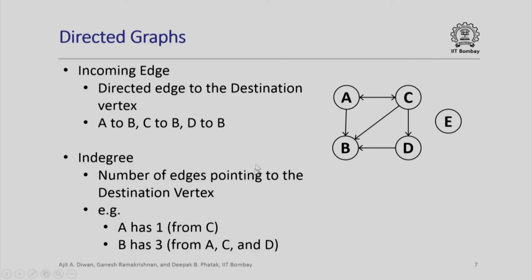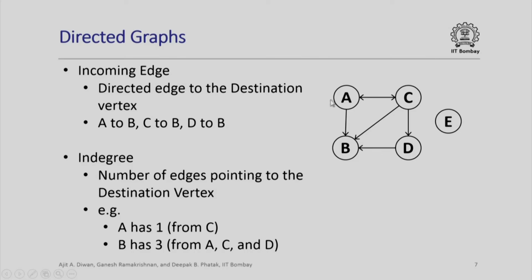As I mentioned, a similar concept exists for incoming edges and in degree. An incoming edge is nothing but a directed edge to a destination vertex. For example, if you look at B, there is an edge from A to B, an edge from C to B, and an edge from D to B. So, B is the destination vertex, and we correspondingly define the notion of in degree. This is the number of edges pointing to the destination vertex.